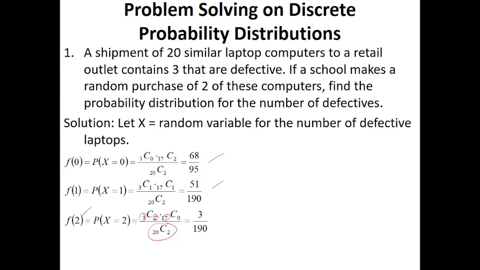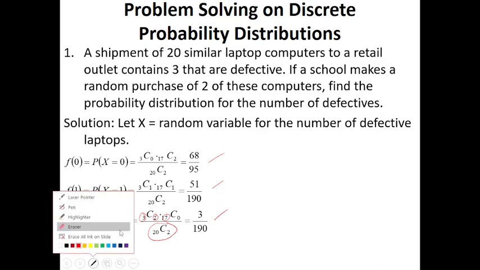We are to select two defective laptop computers from 3 laptop computers, then multiply that by the number of ways of selecting 0 good laptops from 17 good laptop computers, then divide by 20C2, the number of ways of selecting 2 laptop computers from 20 laptop computers. So that is equal to 3 over 190.